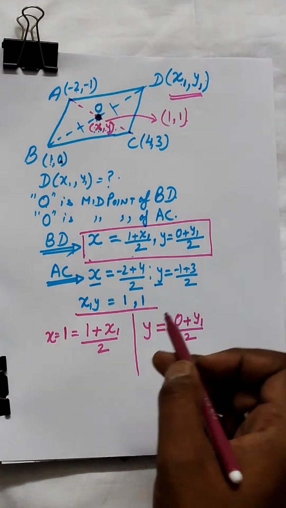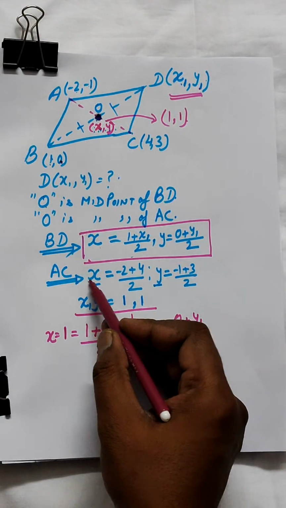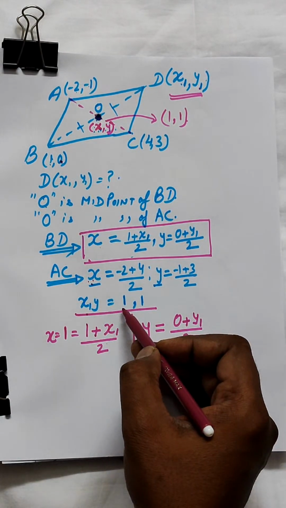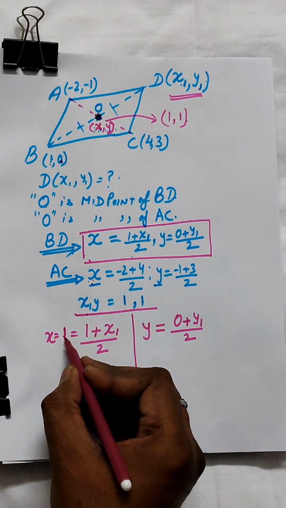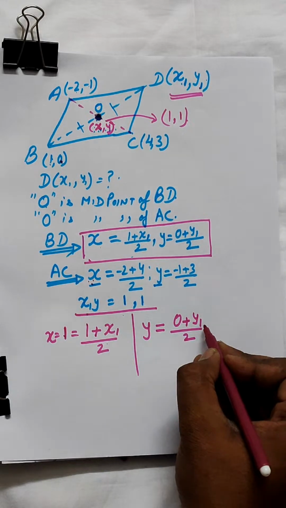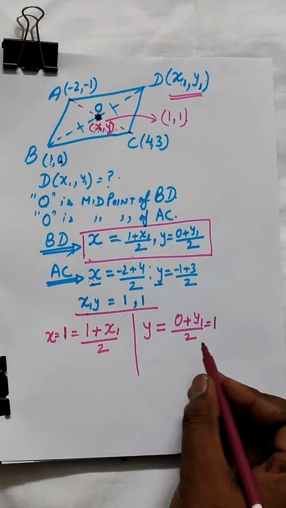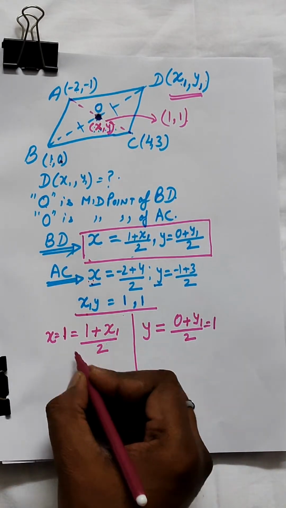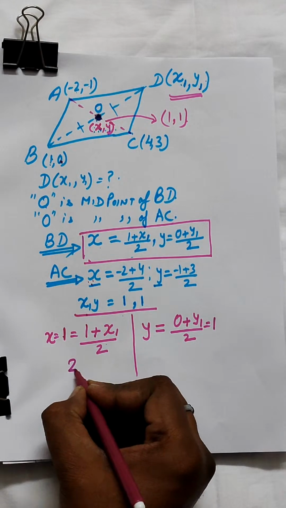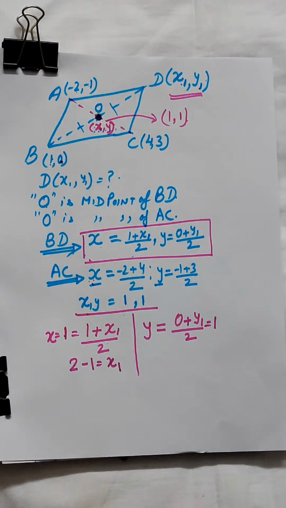Now we have the value of x as 1, so just put this value over here. We also put the value of y over here, that we have calculated. Now just solve this simple equation. 1 into 2 will be 2, 2 minus 1 will be the value of x1.